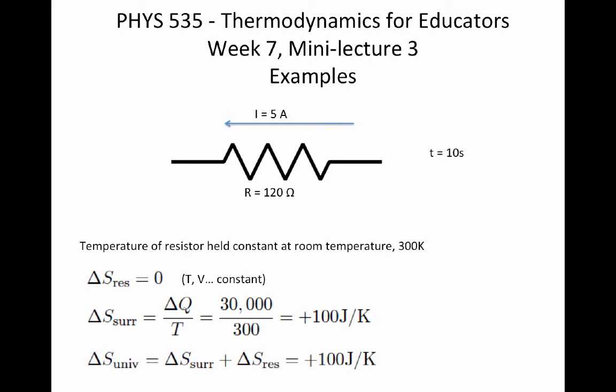The total change in entropy to the universe from this process is the sum of the change in entropy to the surroundings plus the change in entropy in the resistor, which is plus 100 joules per Kelvin. Now, this is a vitally important thing to keep in mind. The second law of thermodynamics always refers to the change in entropy to the universe during a process, and that is the sum of the changes in entropy to all the components of that process.